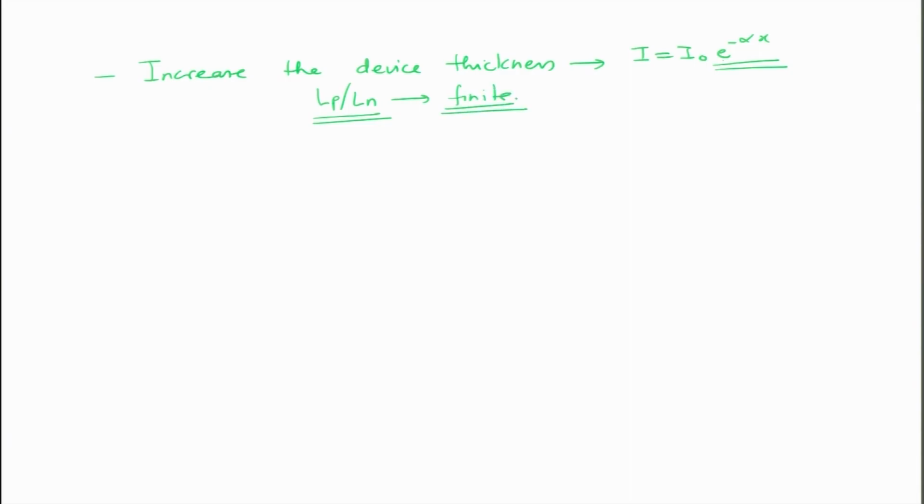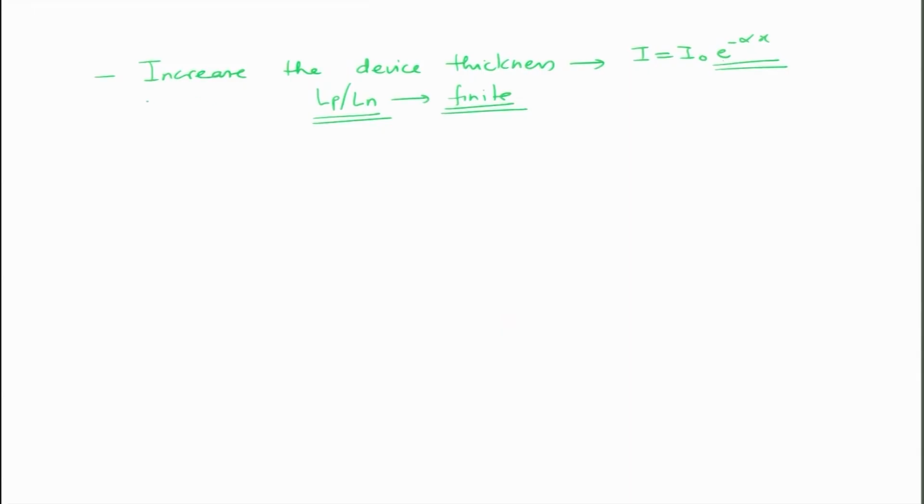If you increase it too much, then you will have a lot of recombination in the device. As a result, the device thickness should be optimized vis-a-vis Lp and Ln. And as I said, the coverage area of the top metal contact has to be optimized.